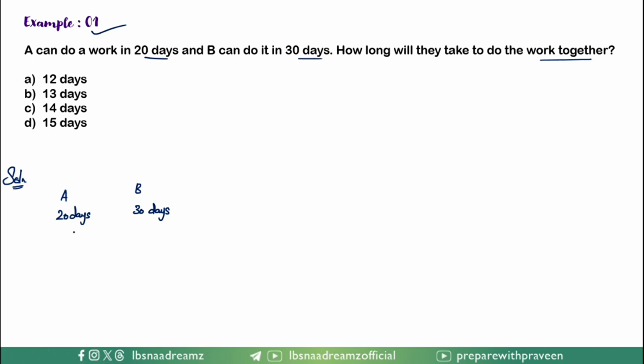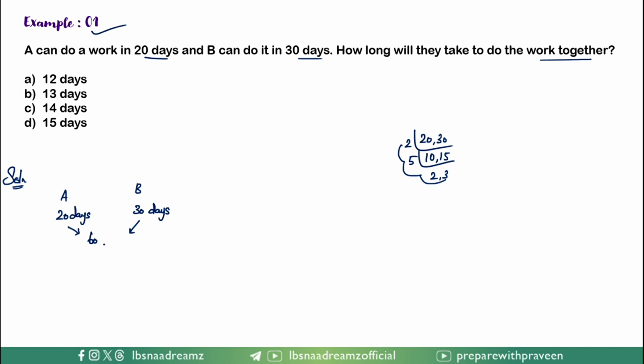To find that, we need to take the LCM of 20 and 30. The LCM is 60.